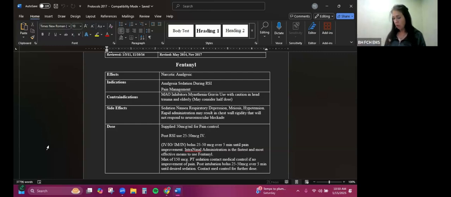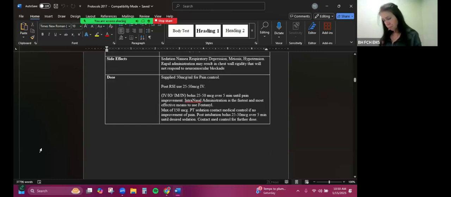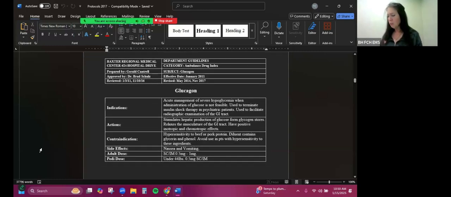Glucagon is another one that we carry on our truck also. It's for the acute management of hypoglycemia when administration of glucose is not feasible. It's used to terminate insulin shock therapy in psychiatric patients, and used to facilitate radiographic exams of the GI tract.